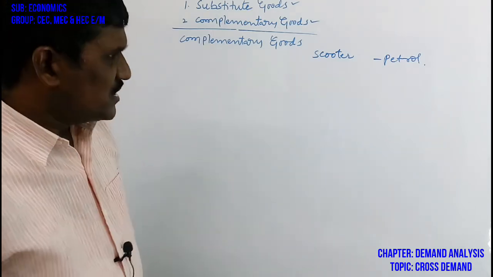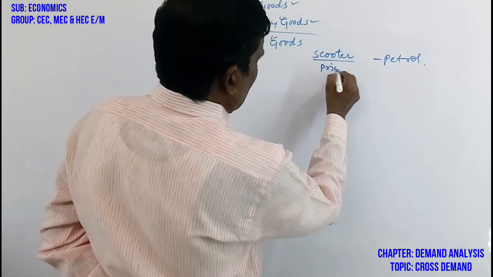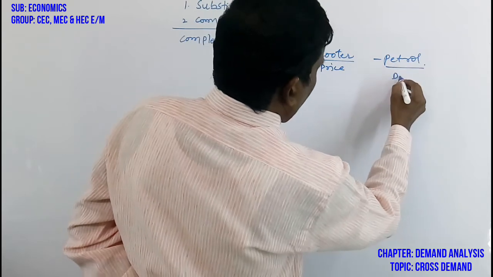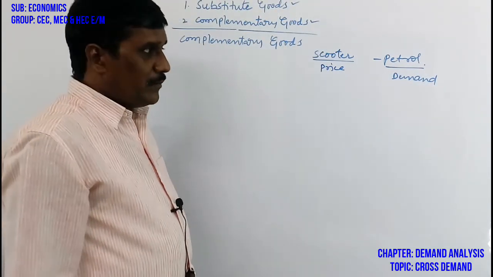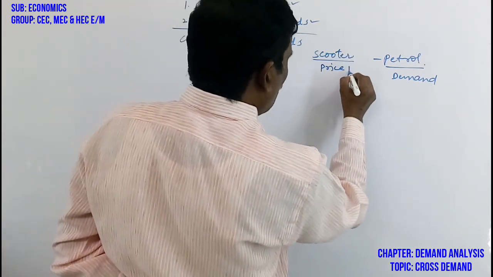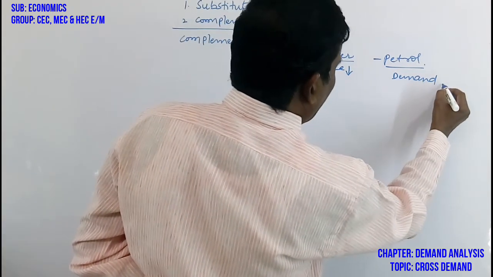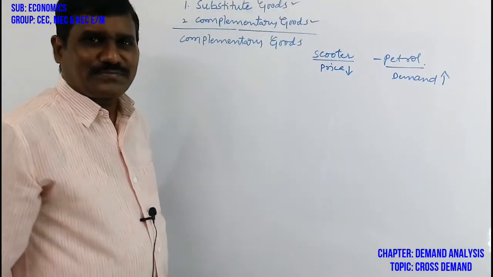For example, scooter price and petrol demand. If the price of scooter decreases, the demand for petrol also increases.